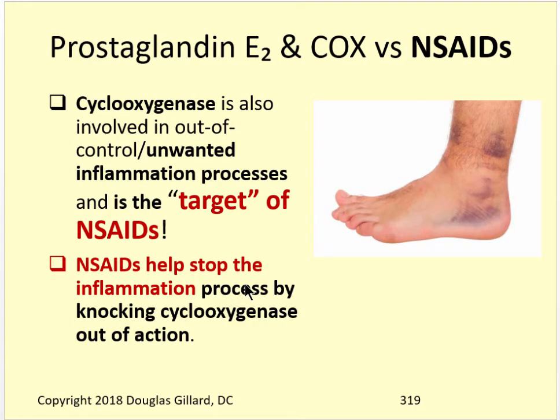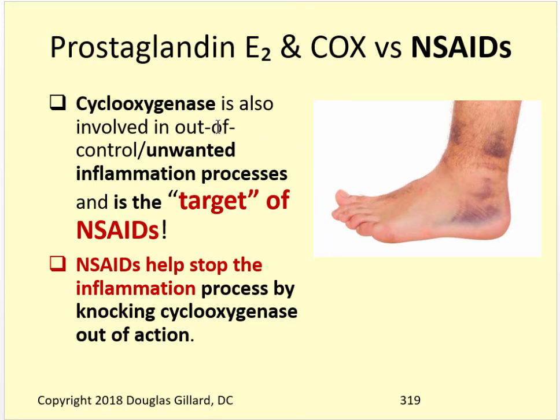All right, so cyclooxygenase is also involved in out of control, unwanted inflammation processes. So you can see the sprained ankle guy right here, all purple. You treat many of these in your day. The inflammation process can get out of control.